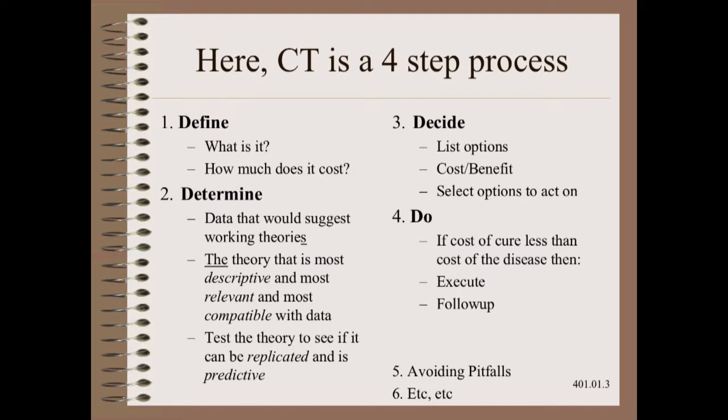Step number 3, decide what you should do now that you know how the thing works. This would often include a cost-benefit analysis. Step number 4, do it. Well, this presumes that the cost of the cure is less than the cost of the disease.